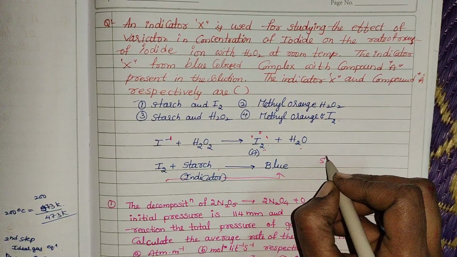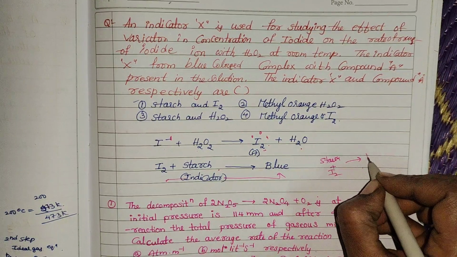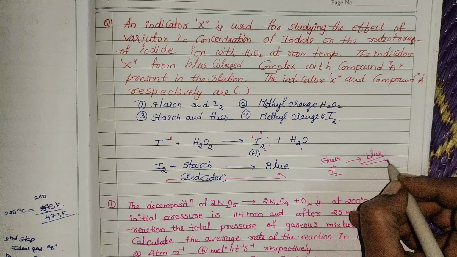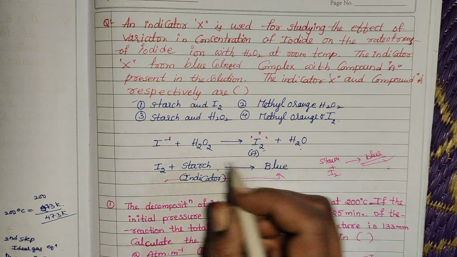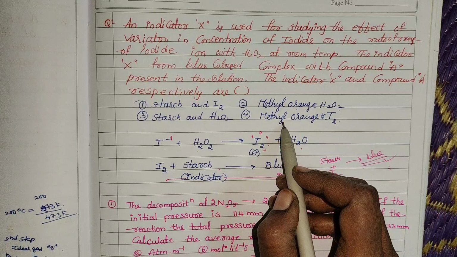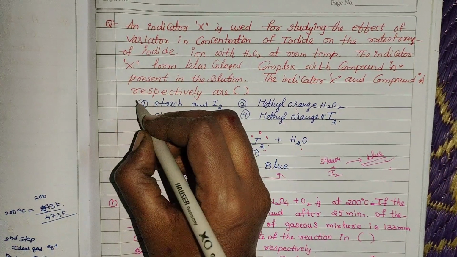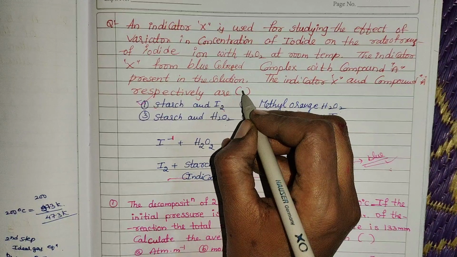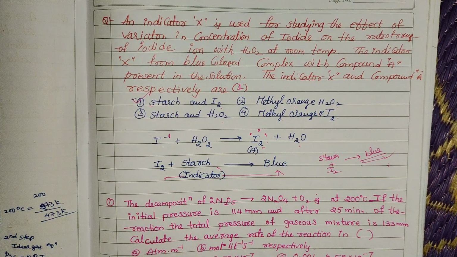When starch is treated with iodine solution, it turns blue. It is also the starch identification test. According to that, methyl orange with hydrogen peroxide, methyl orange with iodine, starch with hydrogen peroxide, all these are wrong. Only starch with iodine is correct. Lab purpose also, an important viva question.